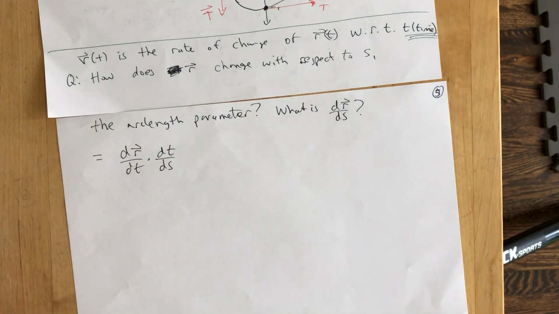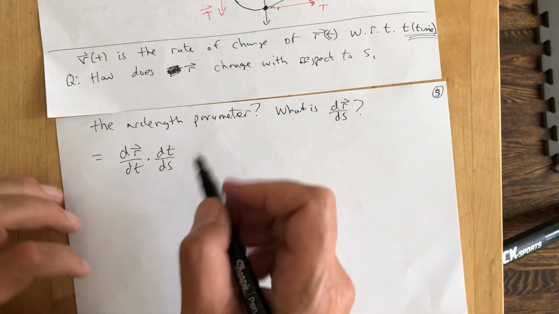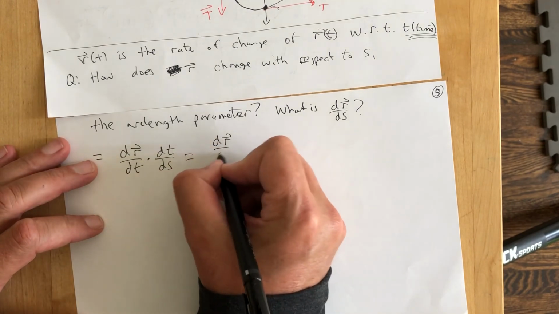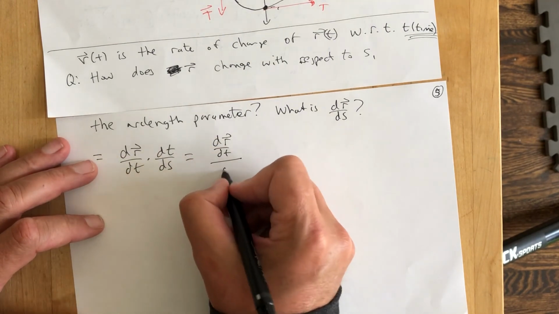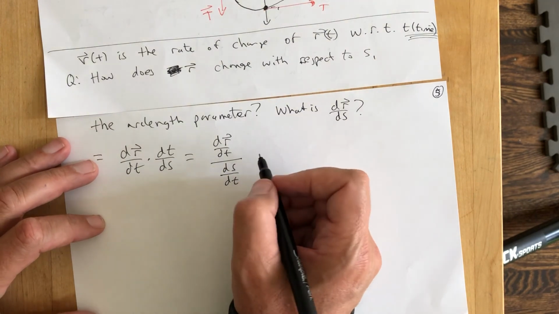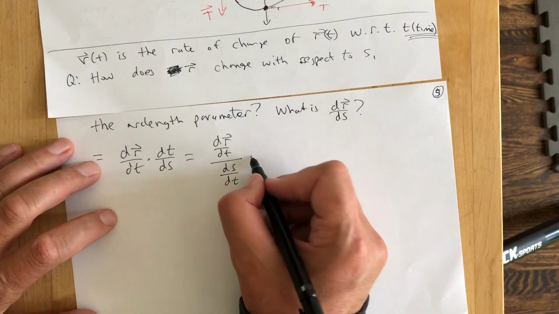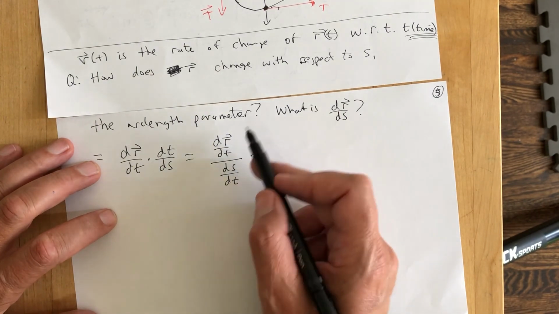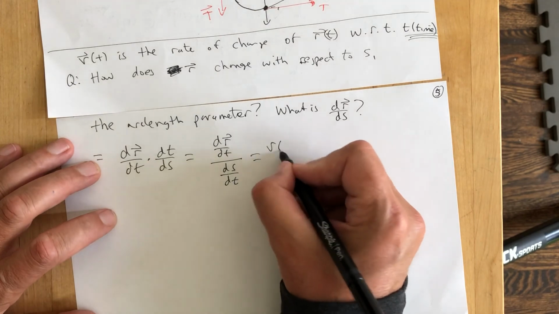Remember this? Chain rule, right? Okay, if we rewrite this, we have dr/dt over ds/dt, right? But right here, we're saying dr/dt is v of t.